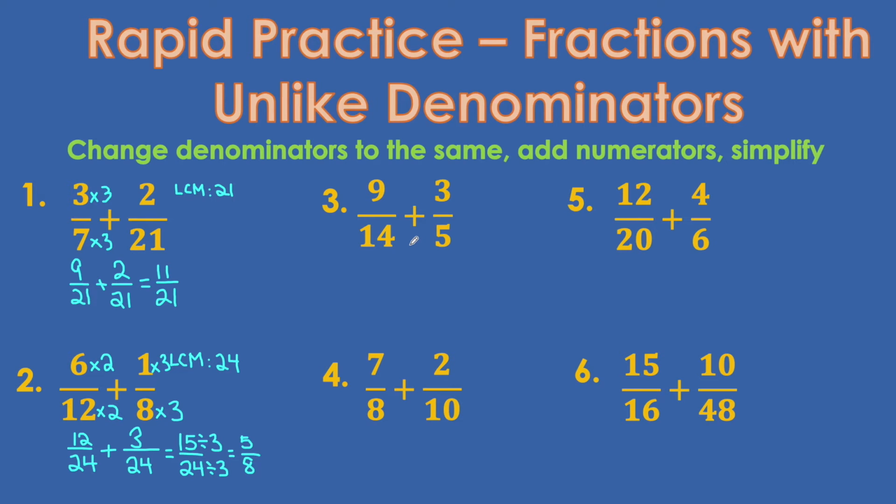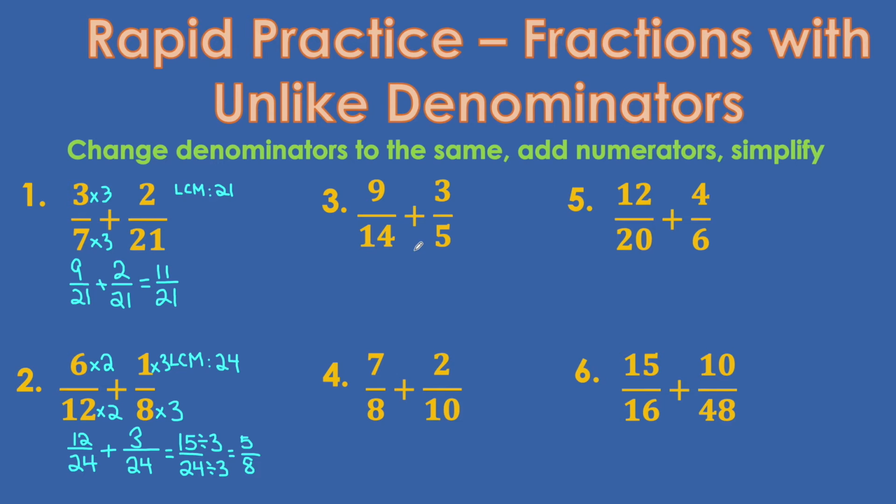So compare the denominators, see which one is the bigger one, which would be 14. Then start looking at multiples of 14. 14 is the first multiple. Second multiple would be 28. 28, and 5 does not go into 28, so that doesn't work.